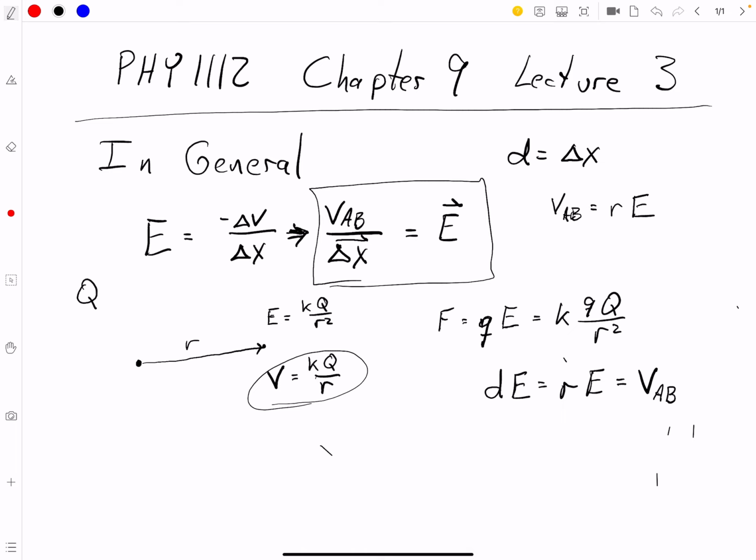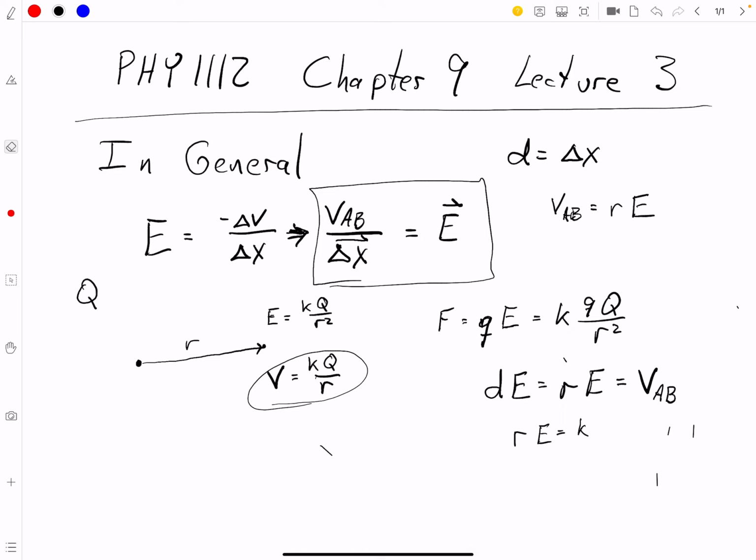So when we do R times E, we get K, oh, I don't want a Q in there.